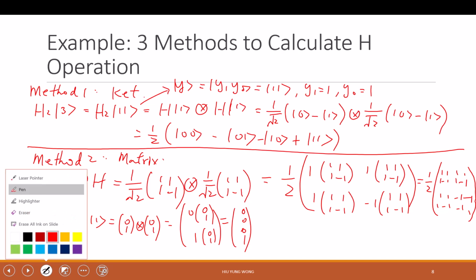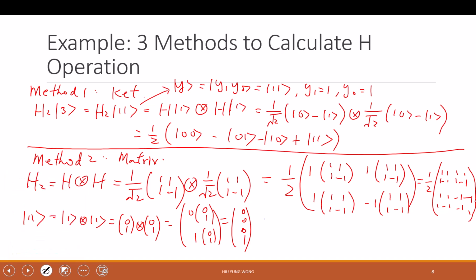So now let's find out the result. H2 applied to this equals 1/2 times the matrix, 1, 1, 1, 1, 1, negative 1, 1, negative 1, 1, 1, negative 1, negative 1, 1, negative 1, negative 1, 1, times 0, 0, 0, 1. It looks very troublesome, but if you take this row times this column, which one will be left?